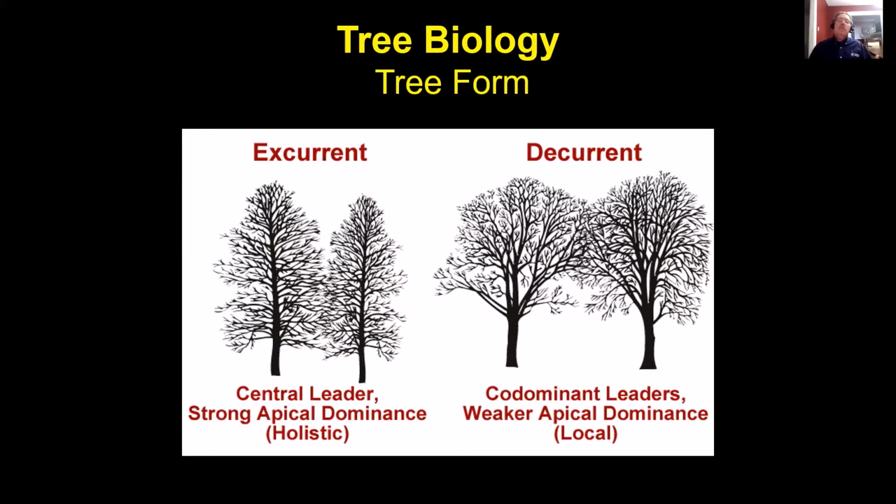They have a lot of what we call apical dominance, right? A lot of hormonal control throughout the plant. Codominant or decurrent plants have more codominant leaders. So think about sugar maple, ash, zelkova, elm, hackberry. They tend to be decurrent, and that hormonal control is at the branch level, not as strong throughout the tree.